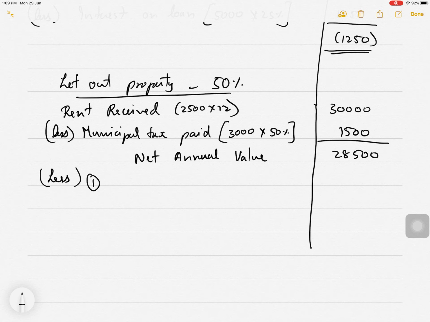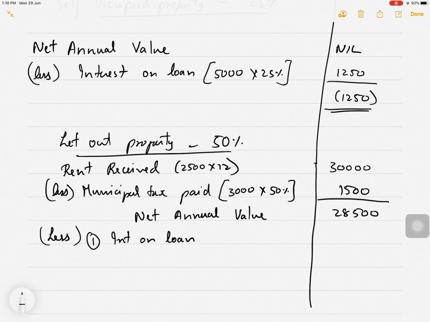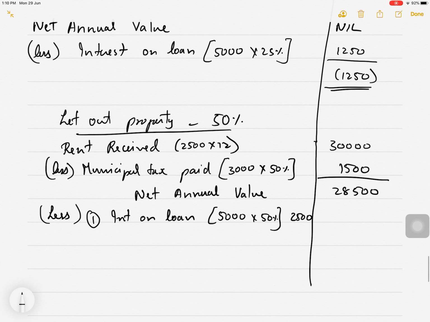Less: there are two deductions. One is interest on loan and another one is standard deduction. Interest on loan is given as 5,000. So 5,000 into 50%, which comes to 2,500. And second one is standard deduction at the rate of 30%.